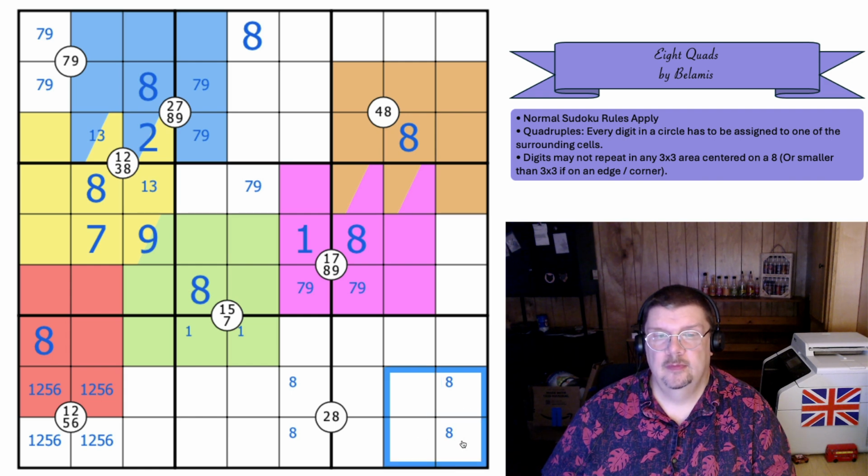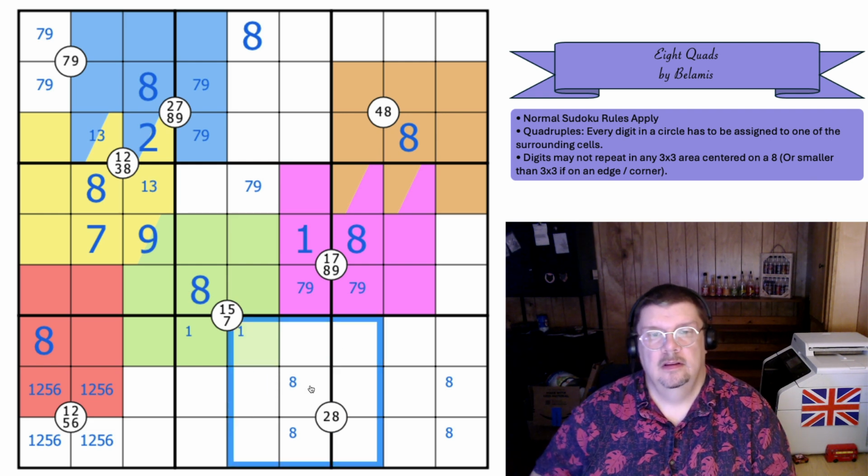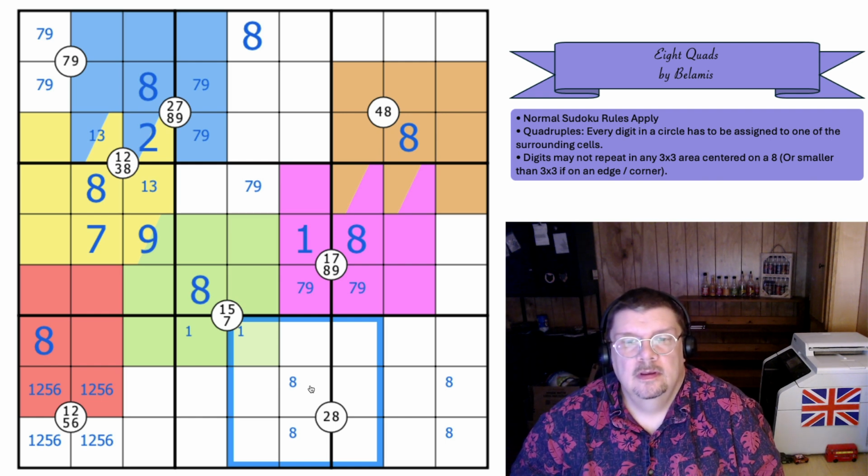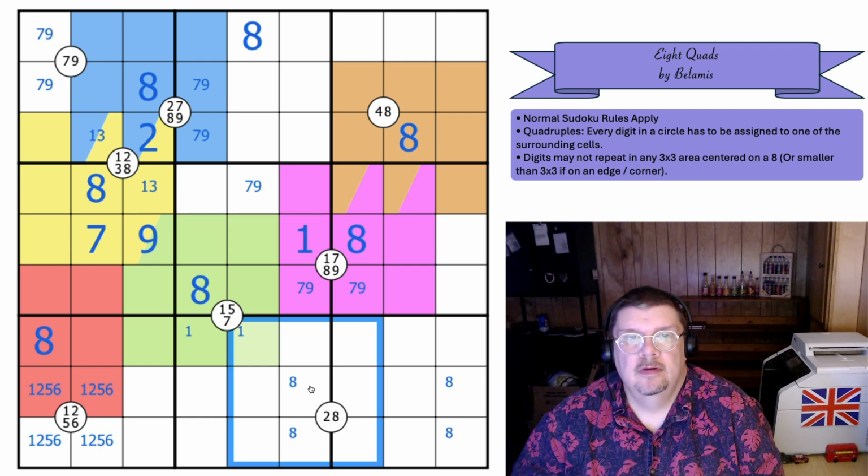This is not going to give me a useful extra region for whichever cell that is. Okay. So this could be that. Is there any reason it can't be that? I don't see one at the moment.